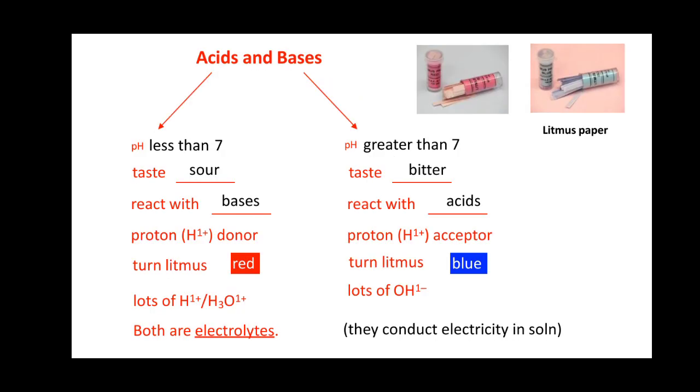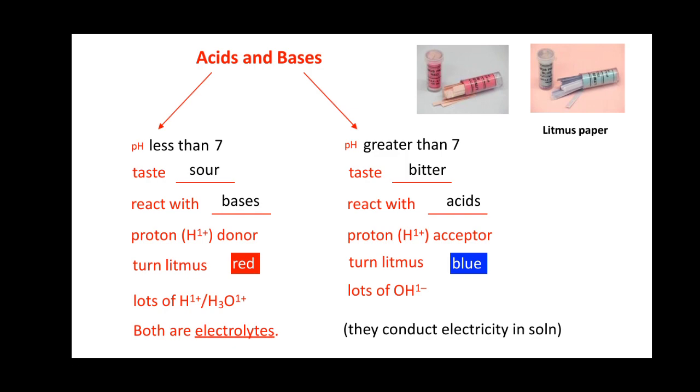The difference between acids and bases, based on pH: acid pH is less than 7, whereas base is greater than 7. Acids taste sour and bases bitter. Acids react with bases, whereas bases react with acids.